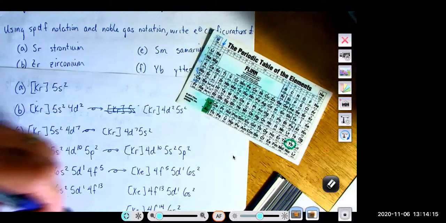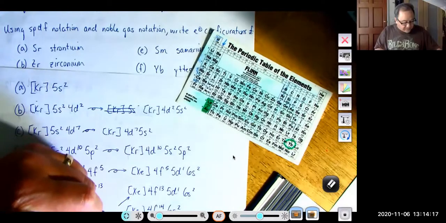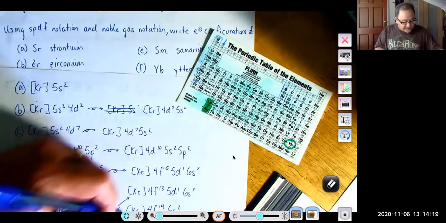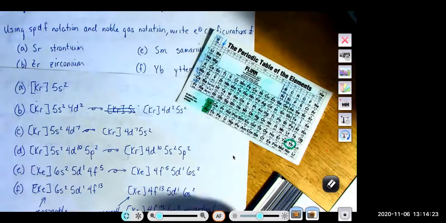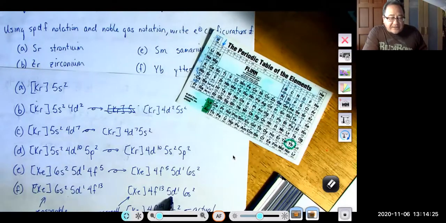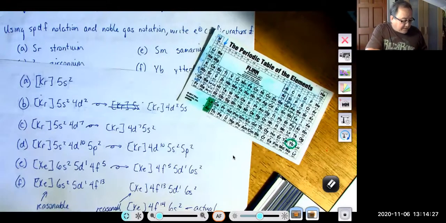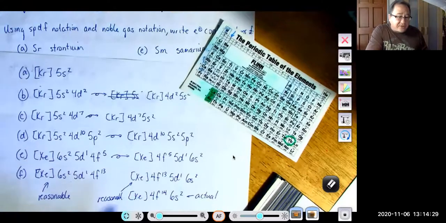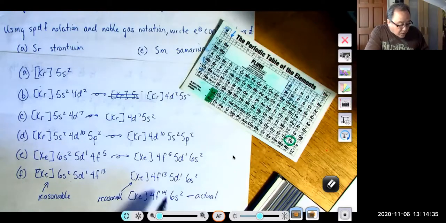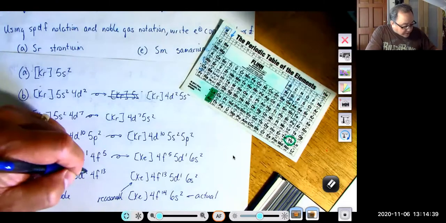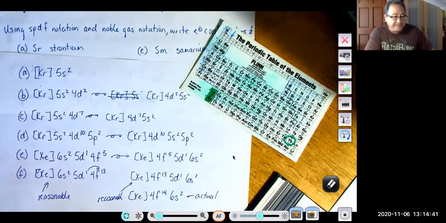This is reasonable, for the quiz, and this is actual. If you look at this 5d, it's not symmetrical: there's only one electron in there instead of 2. It's not full. That's why it's 13 and not 14. We take this one electron and put it over here to make it a 14.